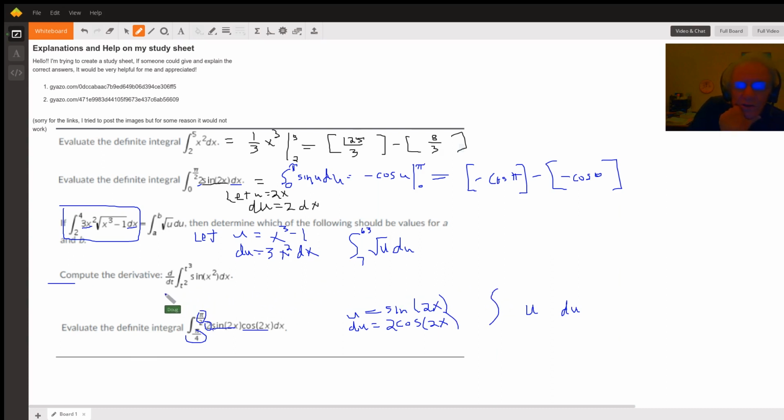And then I'm just quickly going to make an observation about this one. If this was the derivative with respect to t of the integral from 0 to t cubed of sine of x squared dx, the derivative would be, I would put t cubed in for x.